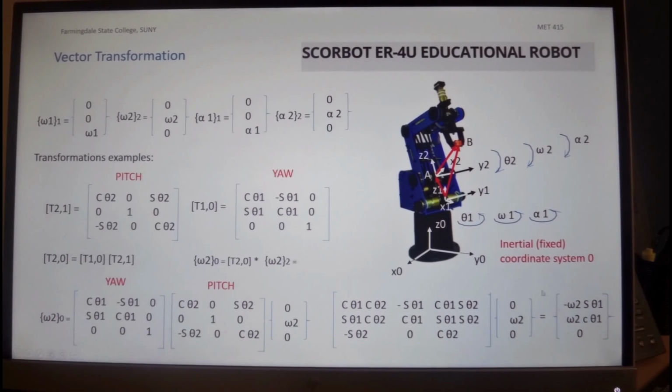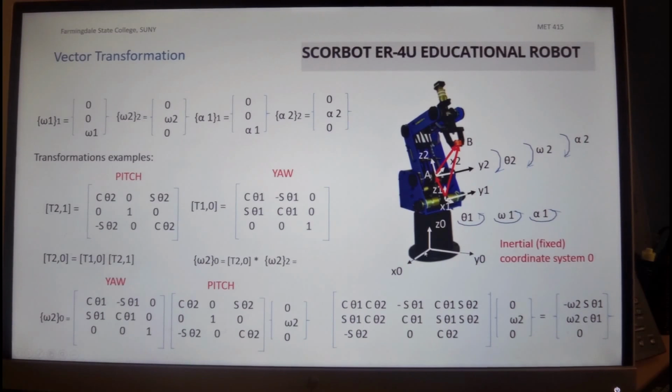It happens that the component of omega 2 along x0 will be minus omega 2 times sine theta 1, and it will have a y component omega 2 times cosine theta 1, and it will not have any component in the z direction.